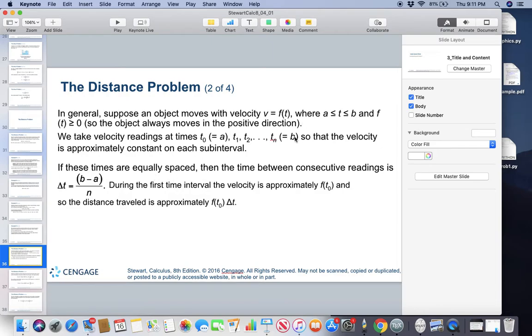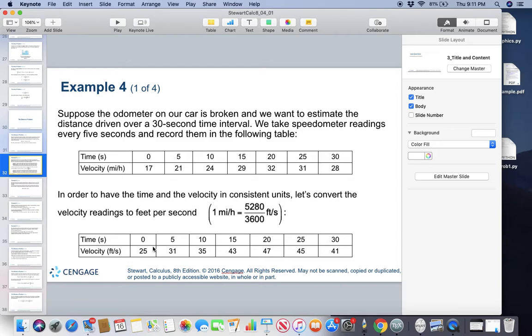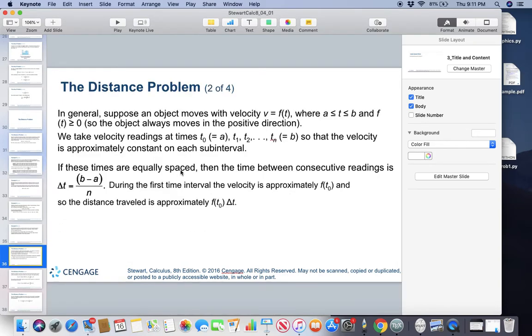If these times are equally spaced, like in our example, 5 seconds each, then the time between consecutive readings, so there are n pieces, is b minus a, the total length, over n.